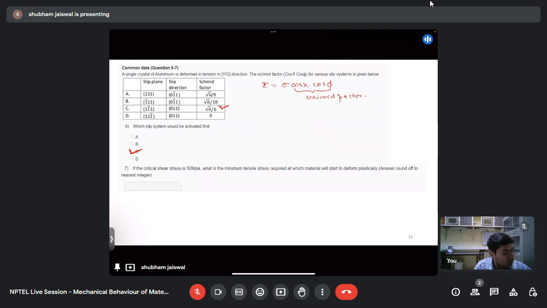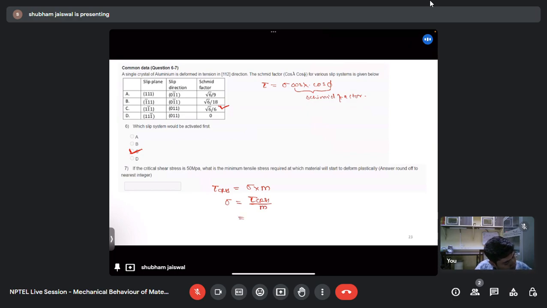So a similar concept we can apply here, that is tau CRSS equal to sigma into m. So sigma equal to tau CRSS by m.